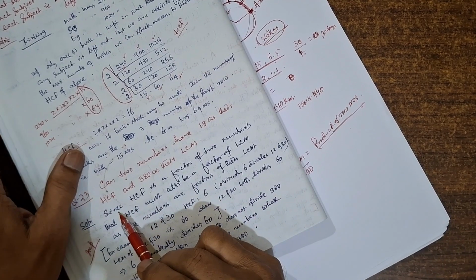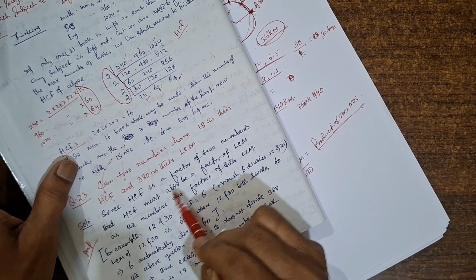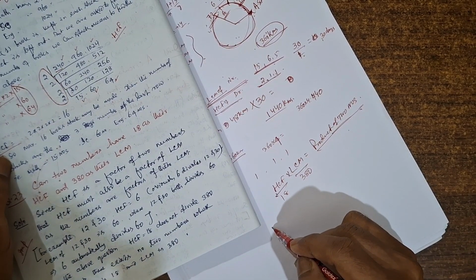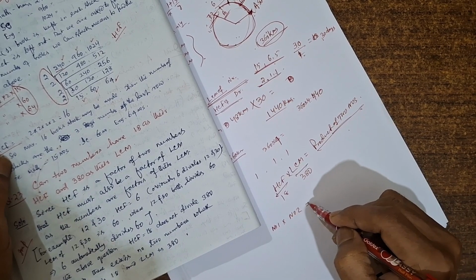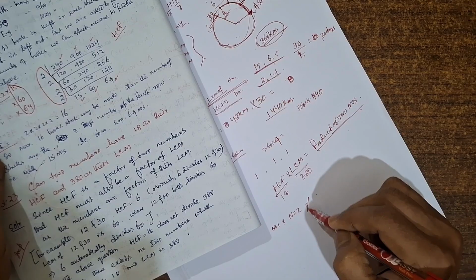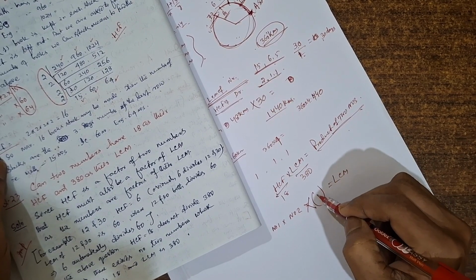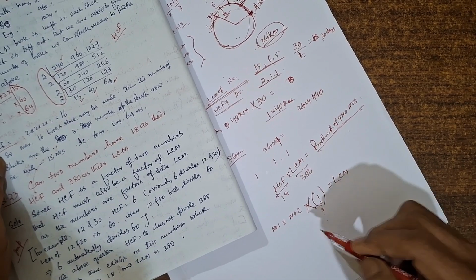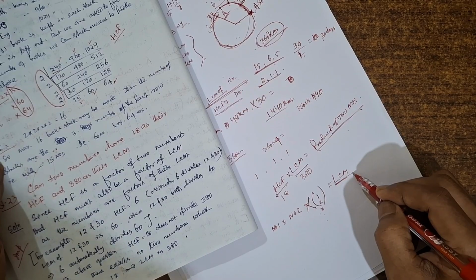Since HCF is a factor of both numbers, that HCF must also be a factor of the LCM, because the LCM is number 1 into something, or number 2 into something. That may be 1, 2, 3, or whatever. Some additional number has to be multiplied, and then only we will get the LCM.